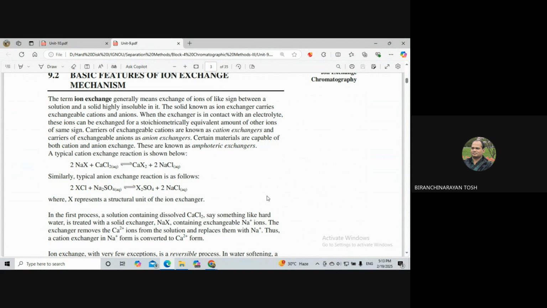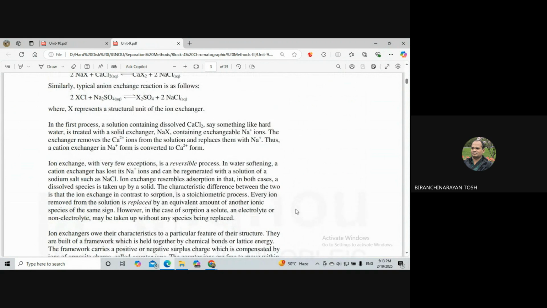So ion exchange, with very few exceptions, is a reversible process. In water softening, a cation exchanger that has lost its Na plus ion can be regenerated with a solution of a sodium salt such as sodium chloride. Ion exchange resembles adsorption in that in both cases a dissolved species is taken up by a solid.